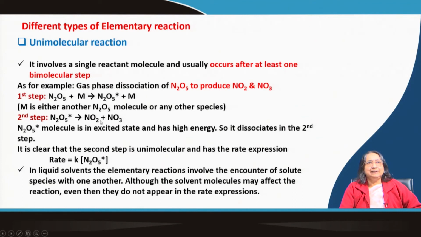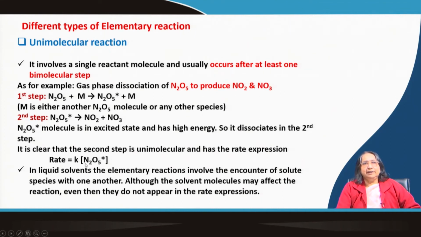So, if you consider the unimolecular step by itself, what will be the rate expression? The rate expression is K times the concentration of N2O5. Now, here it is a gas phase reaction, so it is colliding with another molecule or it may be colliding with something else also.